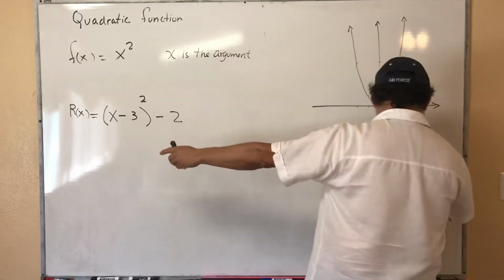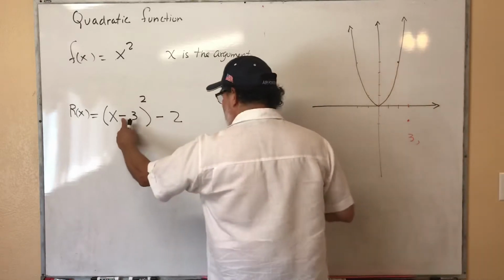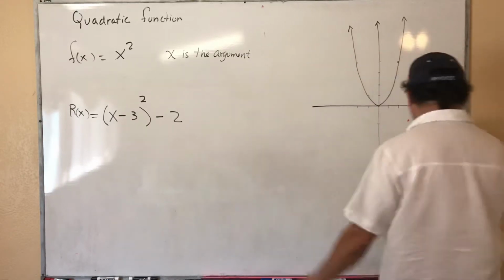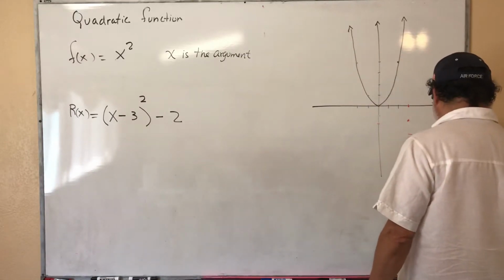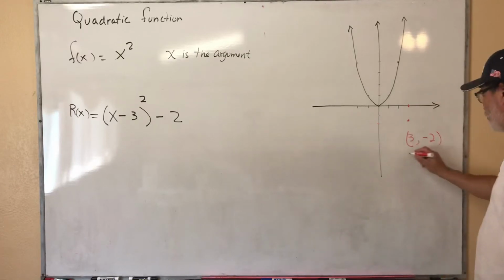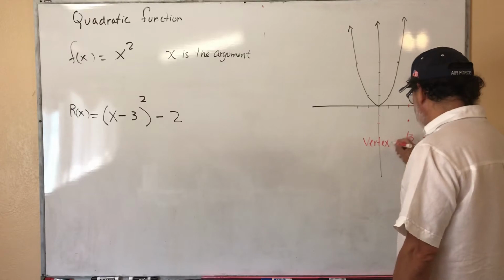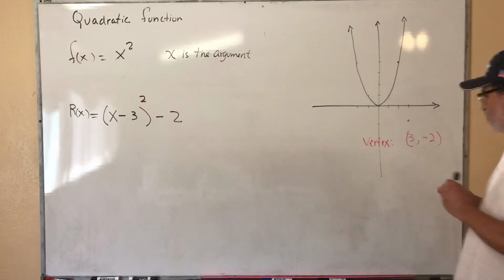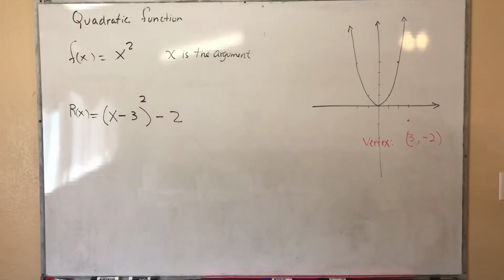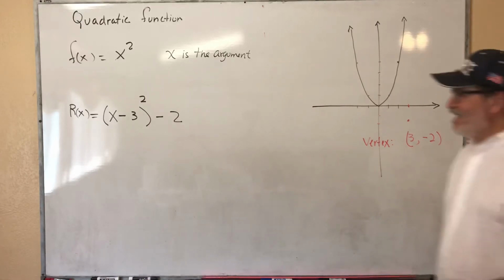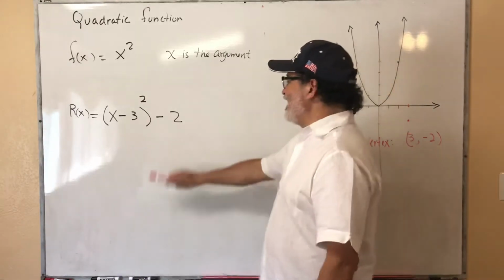So therefore, take this 3, take the opposite of this, and do not take the opposite of that, and that's the new vertex. This is the vertex, right there. The new vertex is the opposite of this, and not the opposite of that.